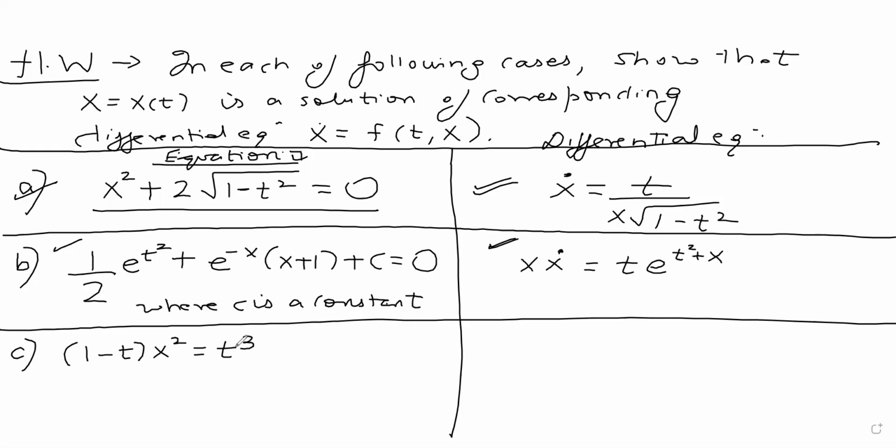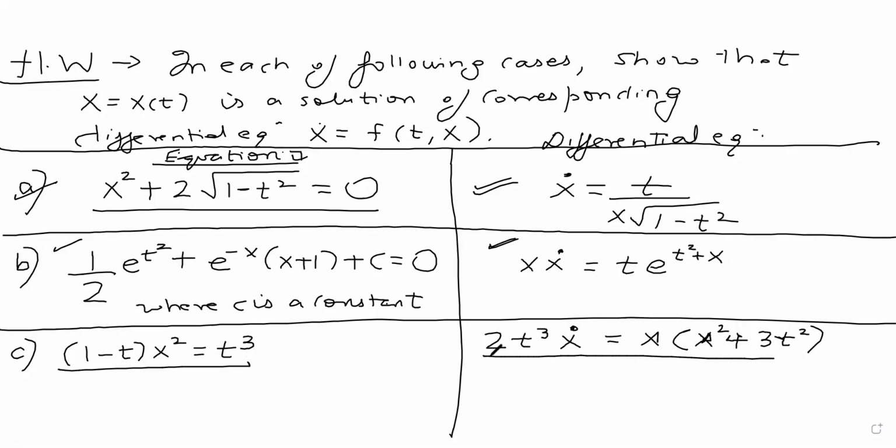And I need to show that this equation is a solution of the differential equation 2t cube times x dot equals x times x square plus 3t square. So again, I need to show that this equation is a solution of this differential equation.